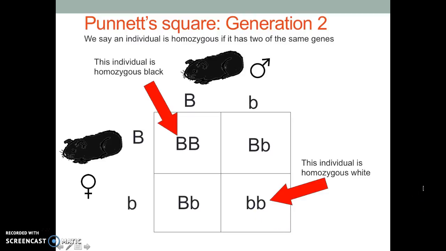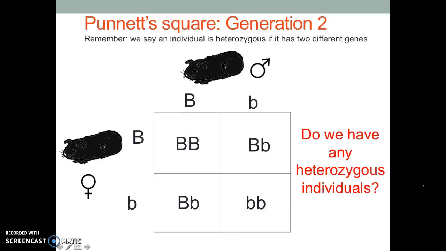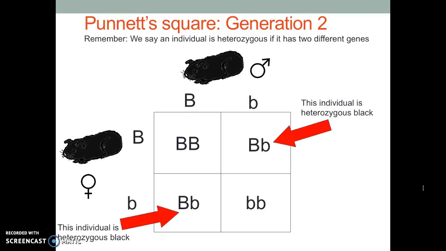So 50% of these guinea pigs will be homozygous, but only 25% will be homozygous white and 25% will be homozygous black. Do we have any heterozygous individuals? Remember, that means they have two different genes. Yes, we have two heterozygous black guinea pigs.